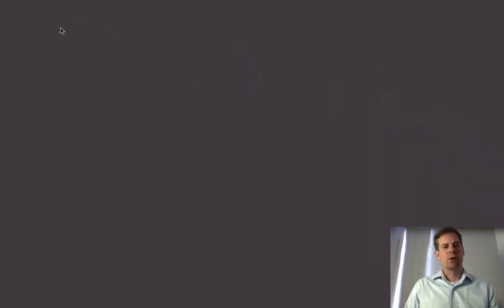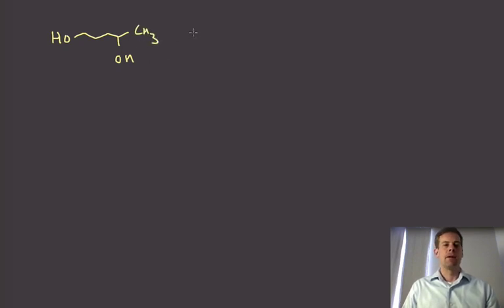Remember, this was a case where we were trying to think about selectivity in terms of oxidizing 1 of 2 alcohols. Okay, so here what we were trying to do is to think of a way that we could take the diol on the left and get it to this ketone selectively.